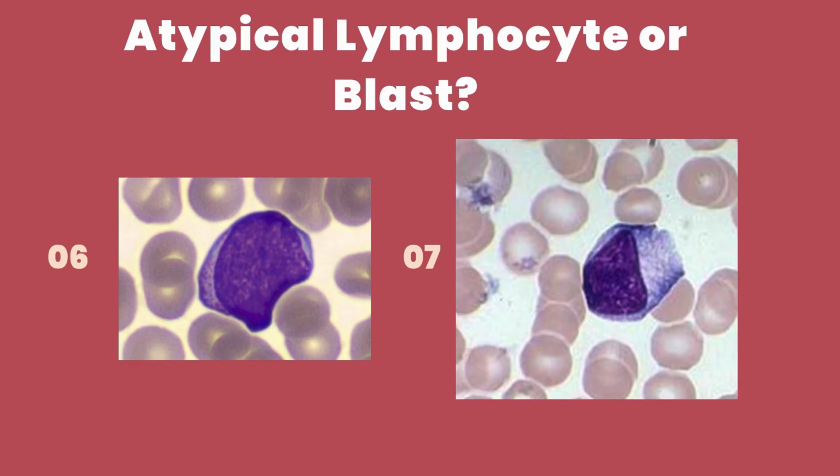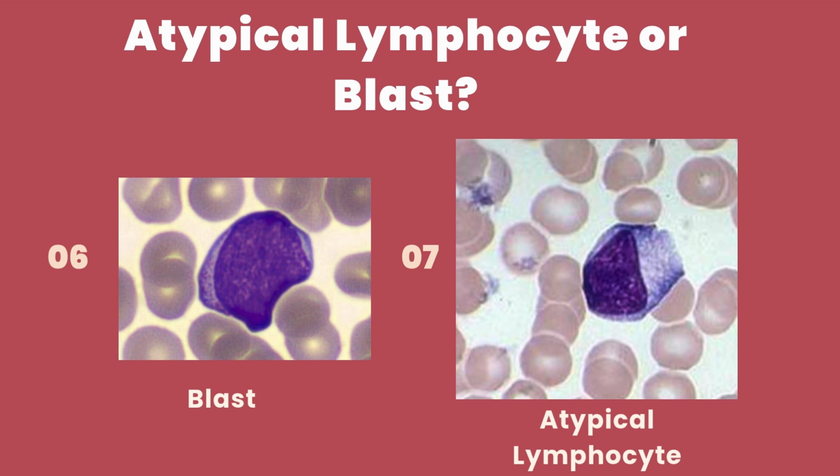What about these cells? Which one is the atypical lymphocyte and which one is the blast? So image 6 is the blast, image 7 is the atypical lymphocyte. Once again, we have a medium to large cell in image 6, high NC ratio, diffuse chromatin, and basophilic cytoplasm. This one also has a few granules, which indicates that it might be a myeloblast as opposed to a lymphoblast.